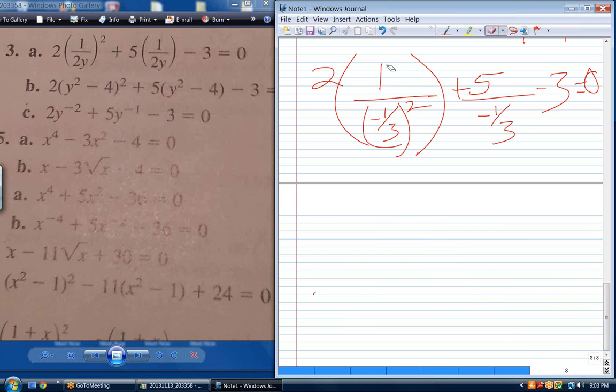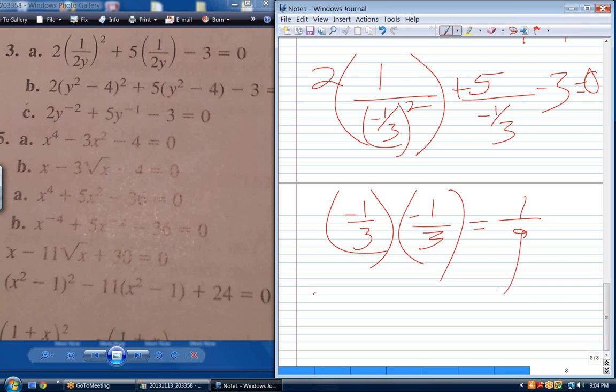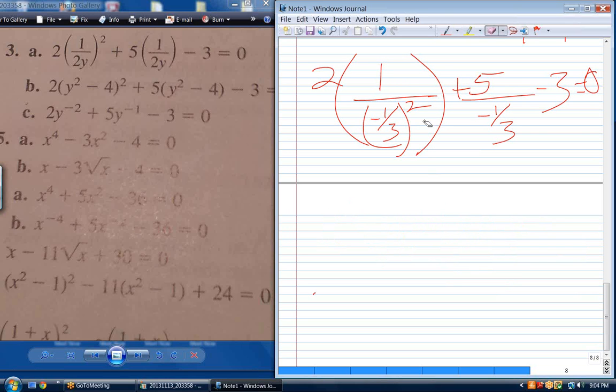What's negative 1/3 squared? It's 1/9. In other words, negative 1/3 squared is the same as negative 1/3 times negative 1/3. Multiply numerators, multiply denominators, you get 1/9. And it's positive. So I can plug in 1/9 right there.